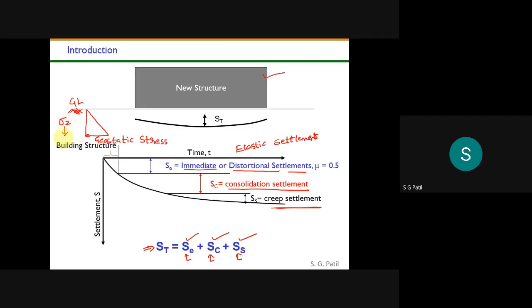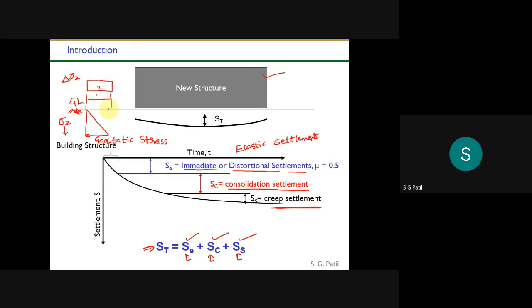There are two types of vertical stress. One is geostatic stress, which is due to the dead weight or mass of the soil. The other is the increase in stress, delta sigma z, due to your structure. Suppose here I am constructing a two-story building, first story, second story.